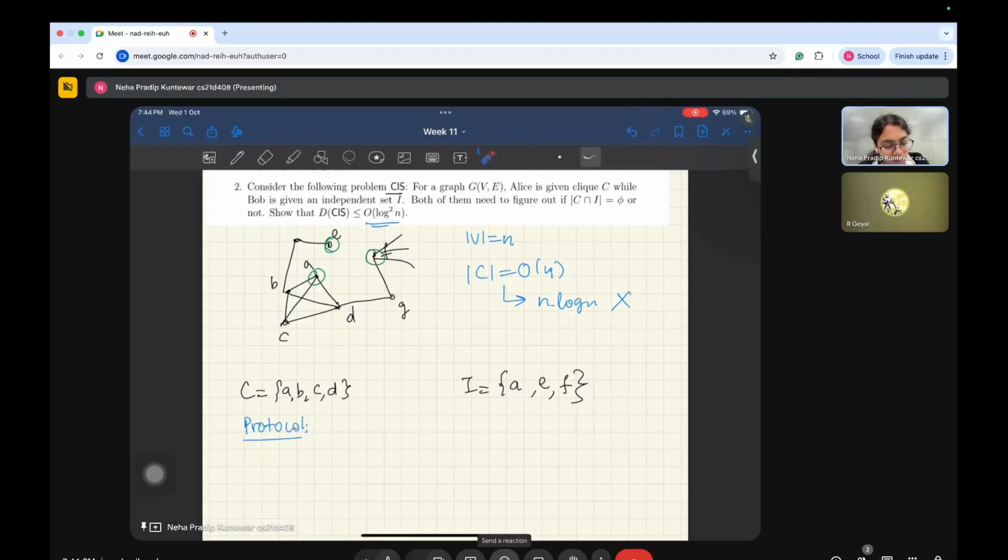So I have an idea at this point. The local computation of Alice could be that she sorts the elements and Bob also sorts the elements of his set, and now the comparison will take place between the first element and the first element.